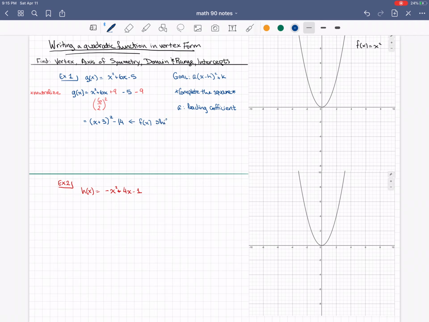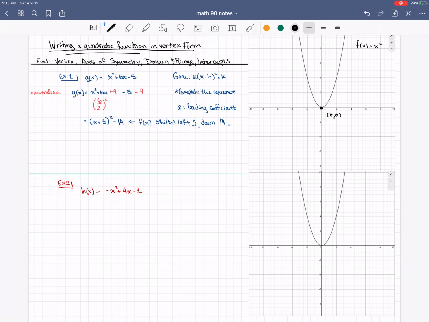Thinking about it, this is f of x shifted left 3 units and down 14 units. So if we look at the function f of x equals x squared, the vertex of that function was the origin.